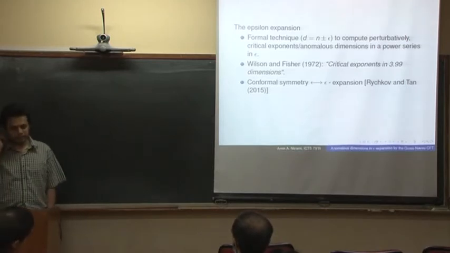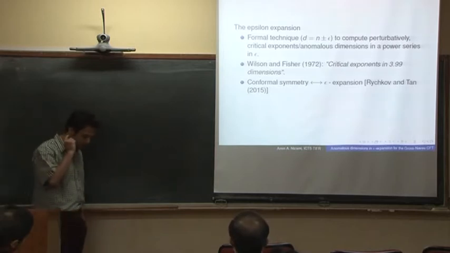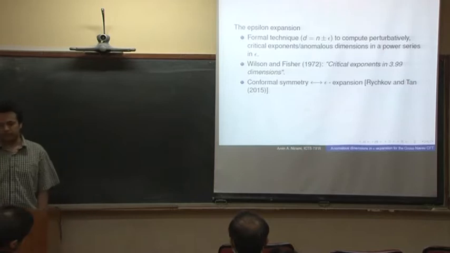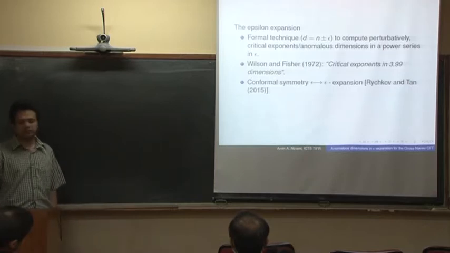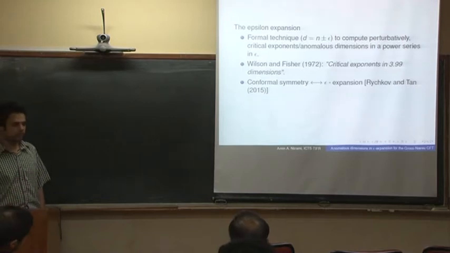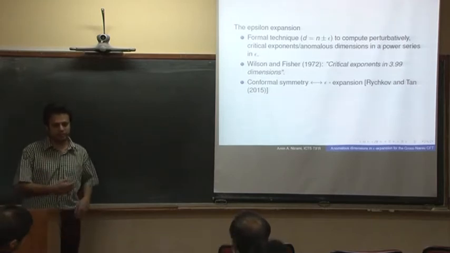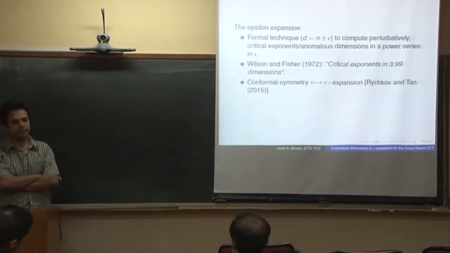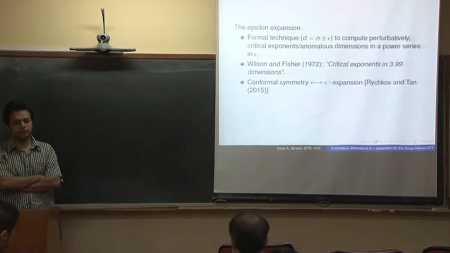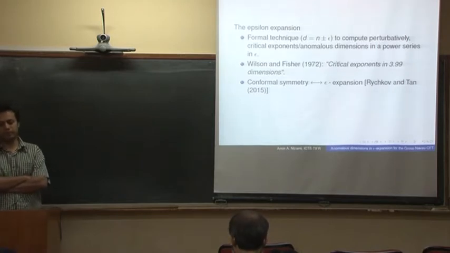But Rychkov and Tan last year, in a paper, elaborated on a method which gives you the epsilon expansion for the anomalous dimensions in conformal field theory, which doesn't rely on Feynman diagram-based techniques. So you just use conformal symmetry, and it will give you, at least, the leading order anomalous dimensions.